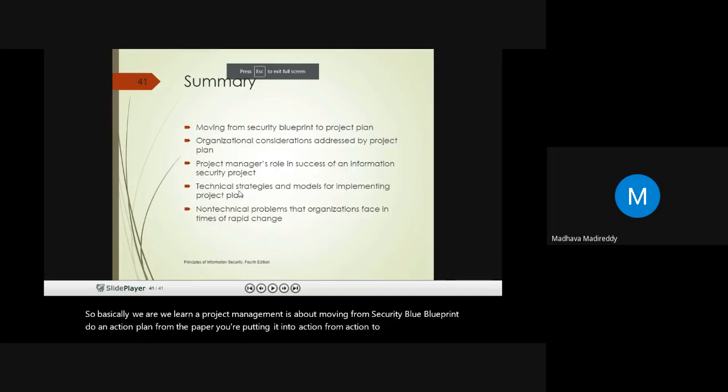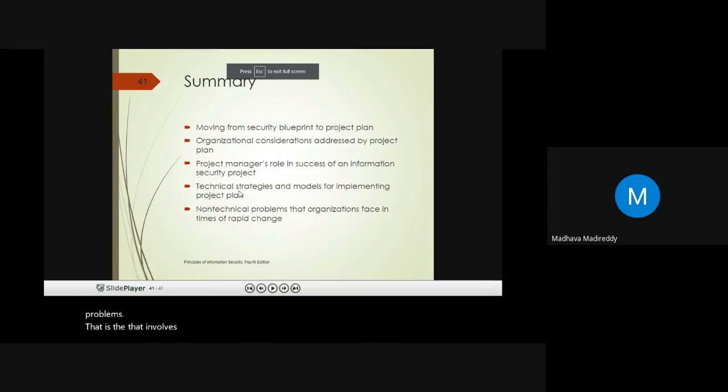We covered the organizational considerations addressed by the project plan, and then briefly looked at the project manager's role, the skills that are needed, and how they have to manage change. Then we looked at the technical strategies and models required for implementing change, and then the non-technical problems involving people that organizations face in times of rapid change. I hope that is clear for all of you.